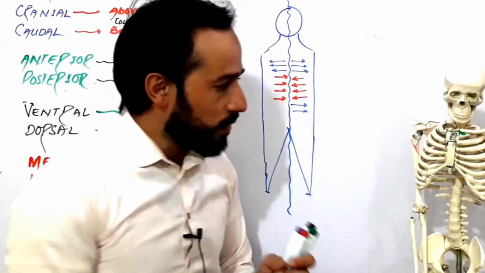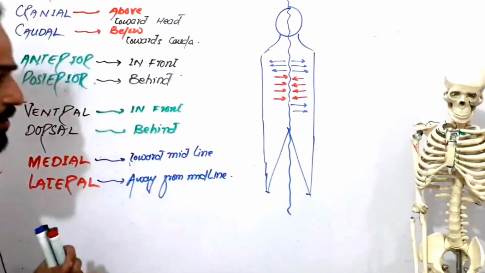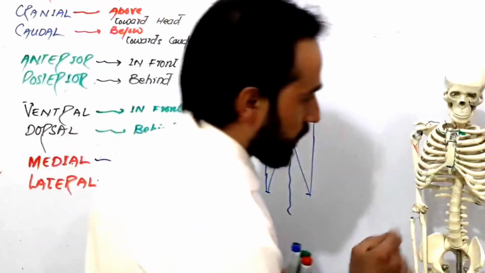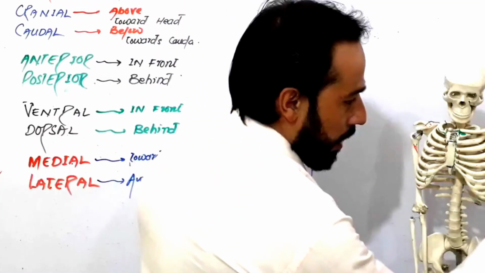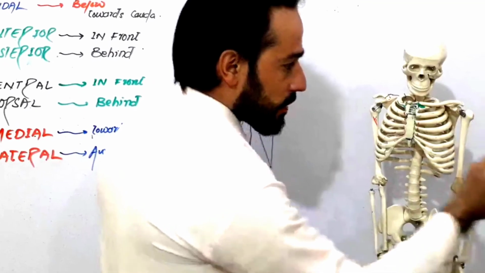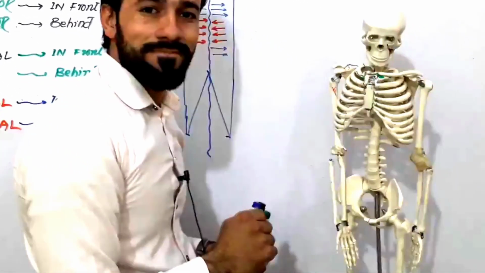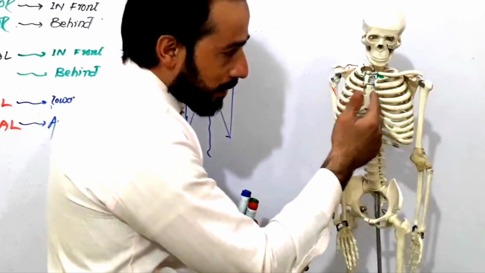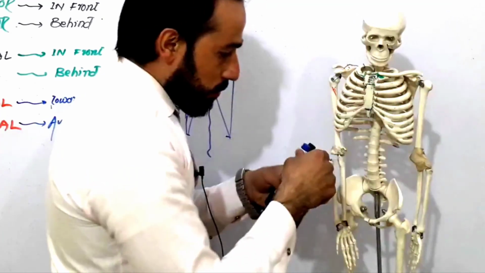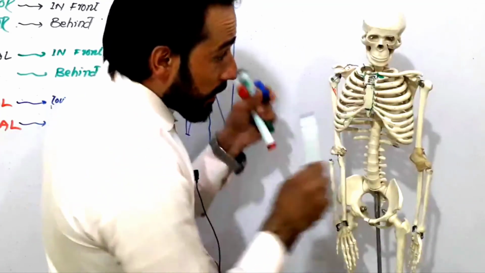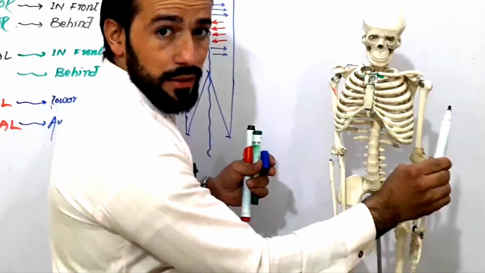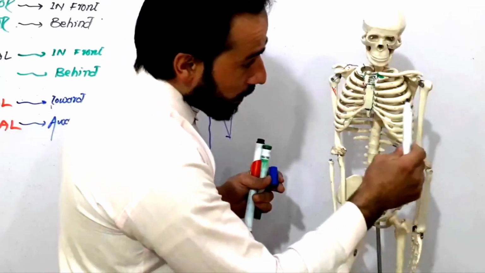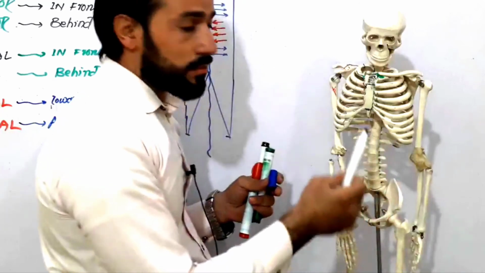So why do we use these words? Look carefully. Look, my arm is lateral to my sternum, isn't it? Sternum is lying in the midline, so my arm is, look, I am pointing away from the midline, right? So that's why we say my arm is lateral to my sternum.